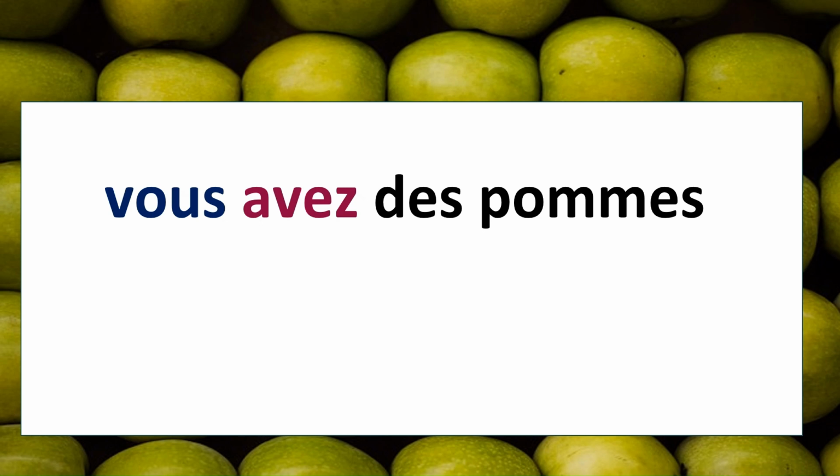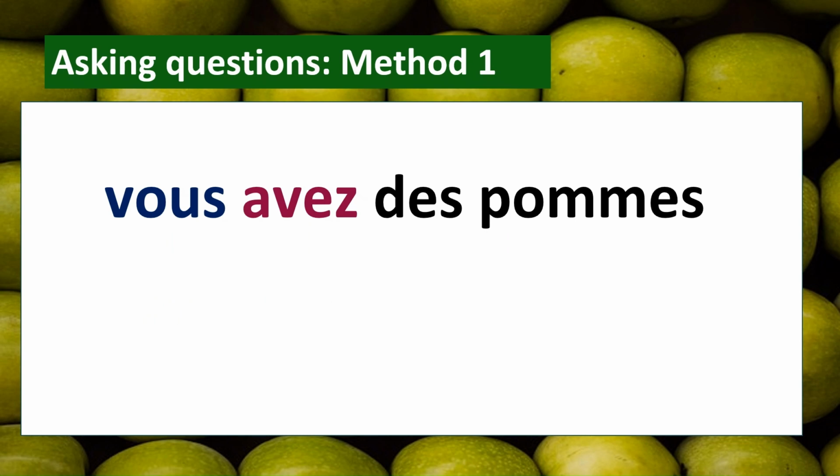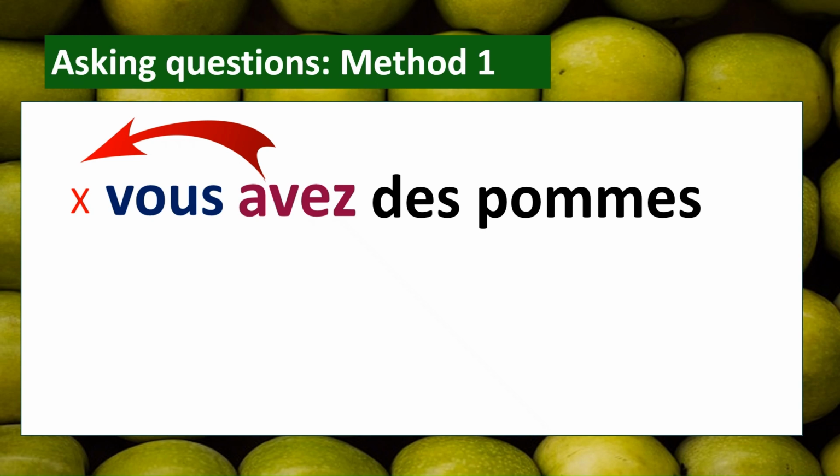Here you have a statement. Vous avez des pommes. All you have to do here is to swap these 2 words, the avez, the verb, with the vous. So let's do it.